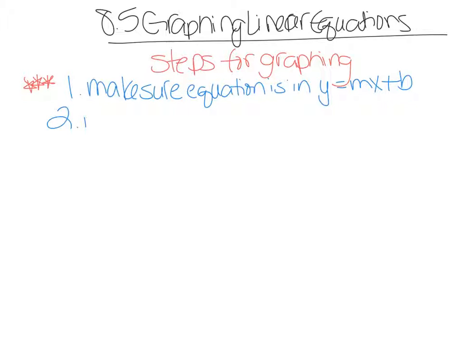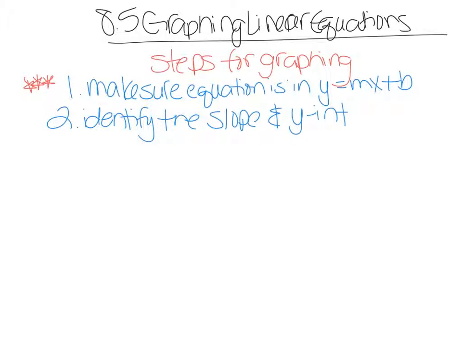After that, we're going to identify the slope and y-intercept. So we're going to say this is my m, or my slope, and this is my b, my y-intercept. Once we say m equals and b equals, we're going to plot the y-intercept first.